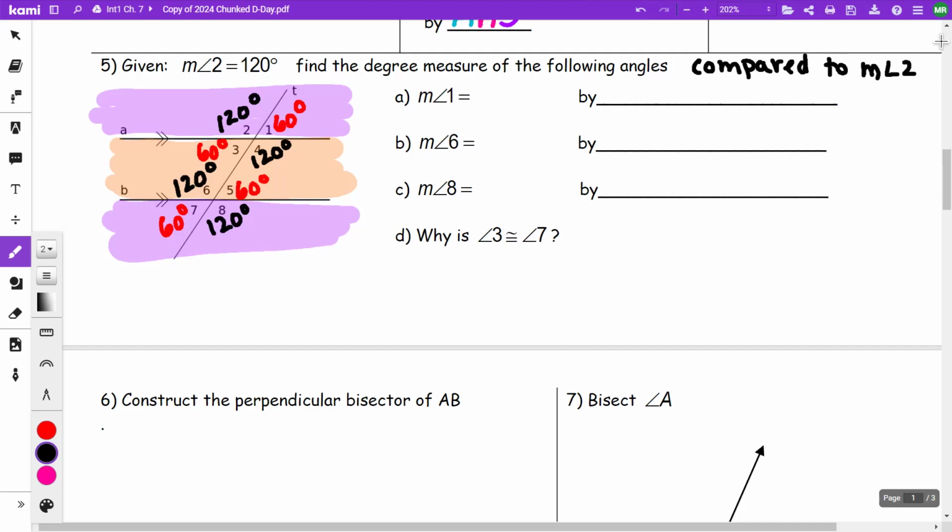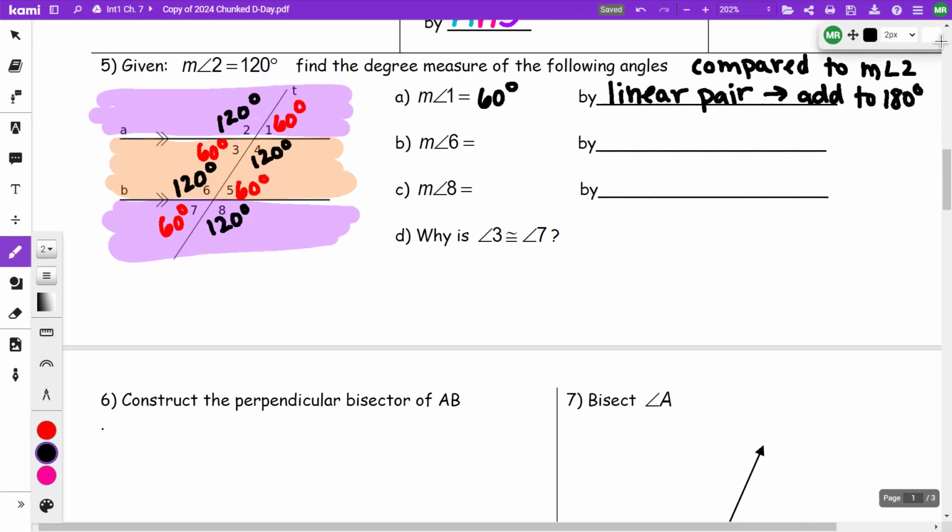We want to see what its relationship is to the measure of angle 2. So the measure of angle 1 is going to be 60 degrees because they are a linear pair, which means they add to 180 degrees.